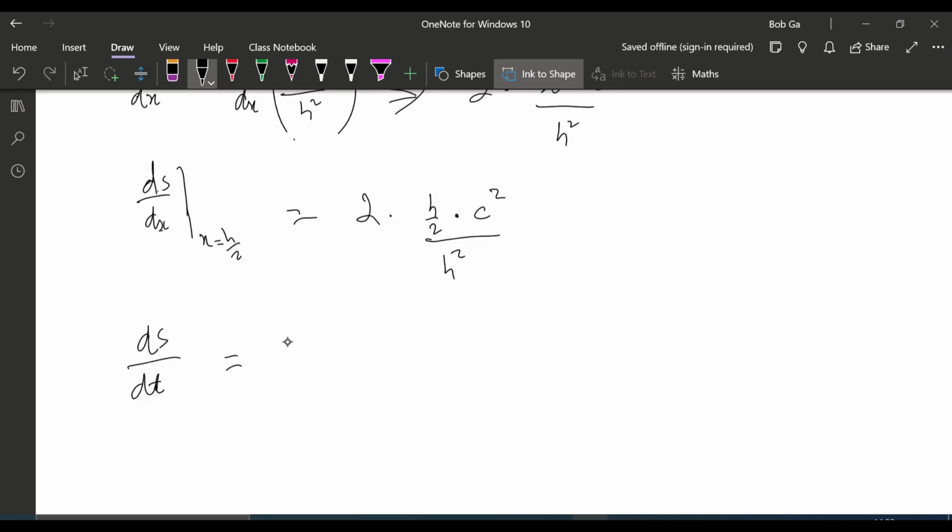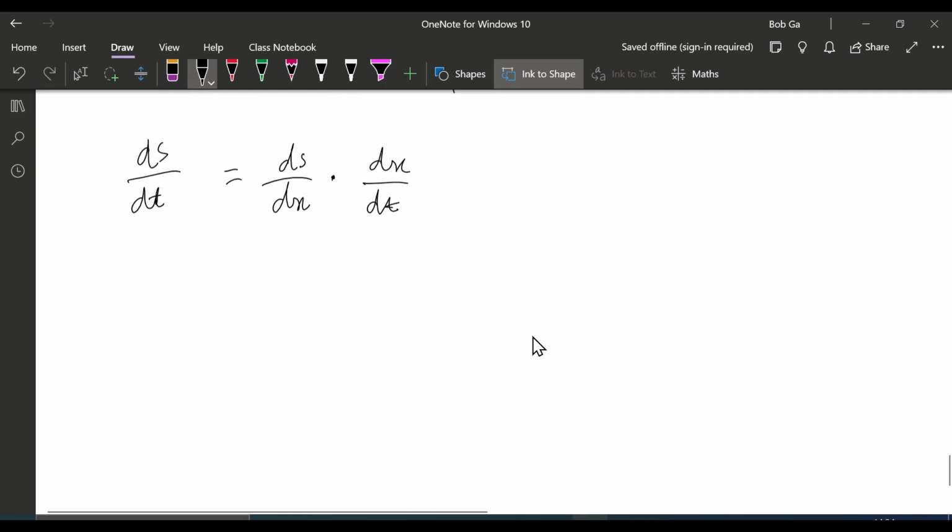This is given by the chain rule, which is going to be ds over dx, the rate of change of s with respect to x, times the rate of change of x with respect to time.